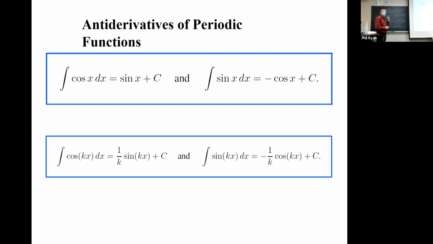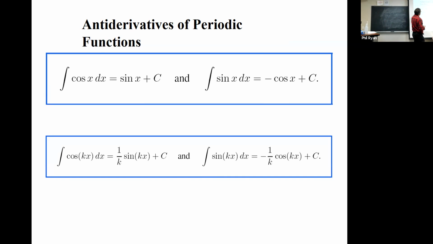Check. You will remember this? So that means the antiderivative of cosine is sine. And the antiderivative of minus sine is cosine. So that means the antiderivative of sine is minus cosine.